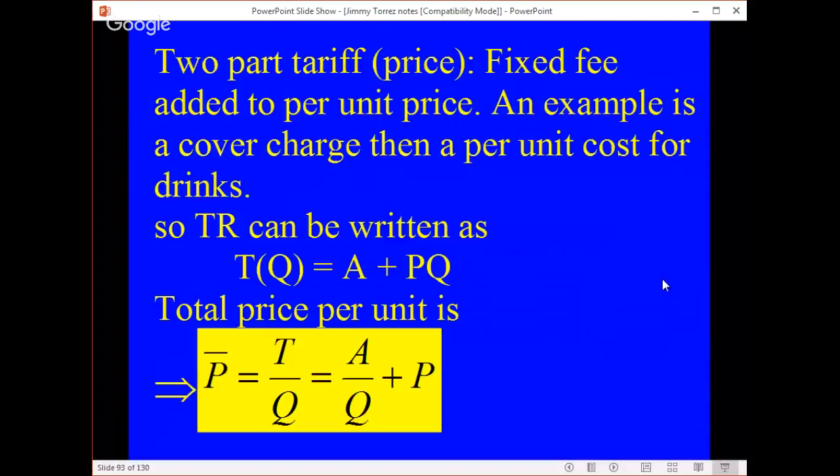In this case, total revenue for that firm can be denoted as A, the first part, the membership fee, the cover charge, whatever you want to call it, that fixed fee just to get in, plus the per unit revenue, P times Q. So total price per unit is A over Q, my membership fee over how many units I have, plus price.